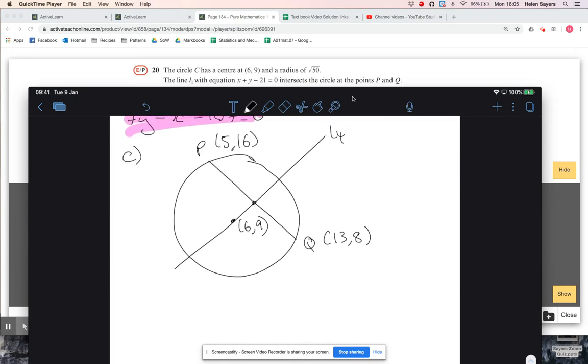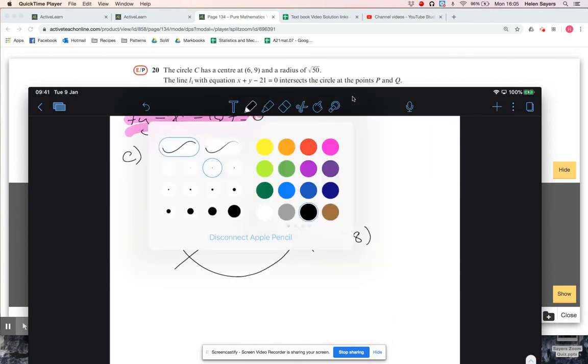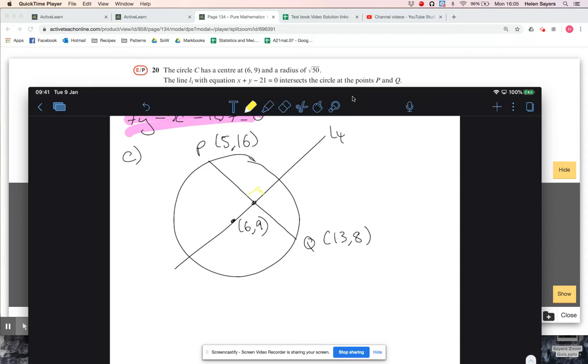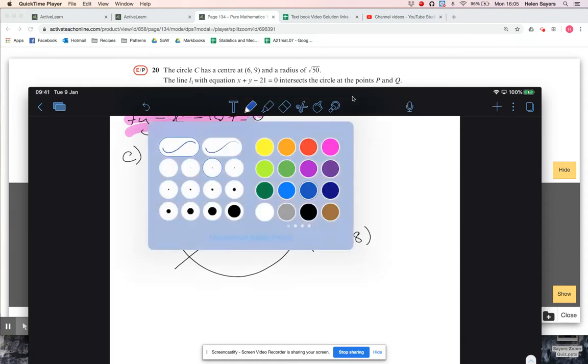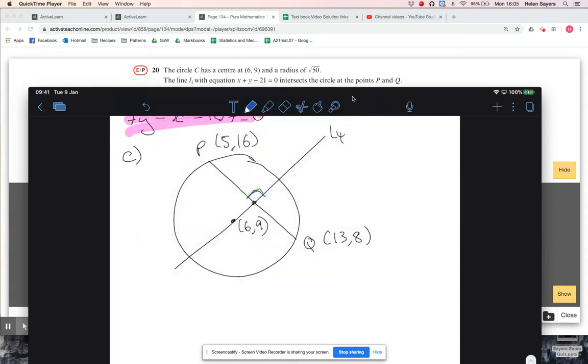Okay, so I'm looking for the perpendicular bisector. If we get the gradient of PQ, so change in y, so 16 minus 8 over 5 minus 13. So 8 over minus 8, I get that to be minus 1.